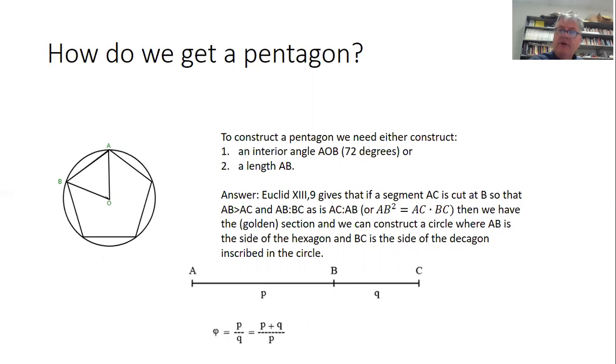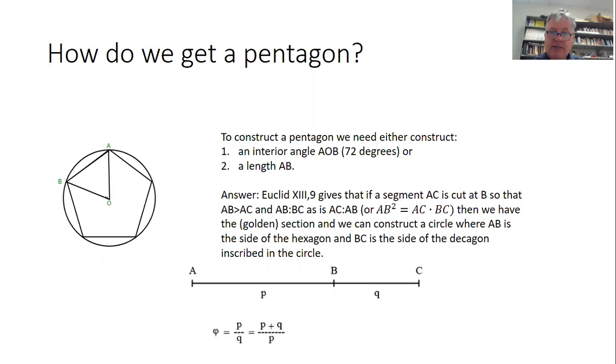And for an answer, we can look to Euclid. Euclid book 13, proposition 9, gives that if you take a segment and you cut the segment, so let's say we've got a segment AC, we cut it at B, so that AB is greater than BC, and AB is to BC as AC is to AB.